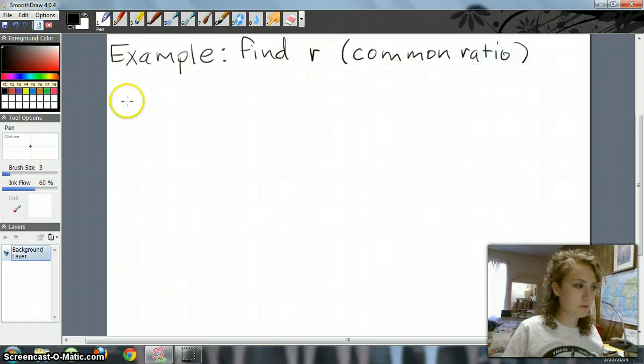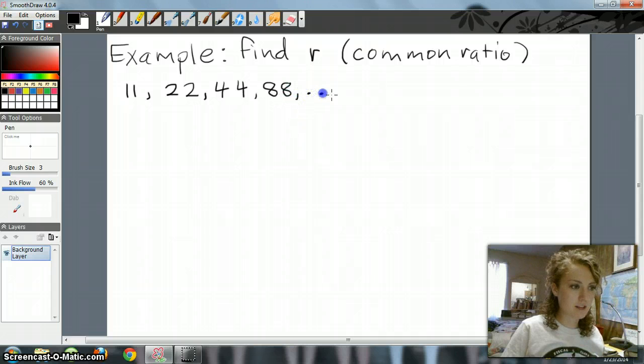Okay, so if our sequence looks like this, if I choose our first term, or A sub 1, to equal 11, and our next one to equal 22, we'll say our next one equals 44, and then 88, and that's all the terms we'll say that they give us. Then we get the dot dot dot. So what does R equal? What number are we multiplying by each time here?